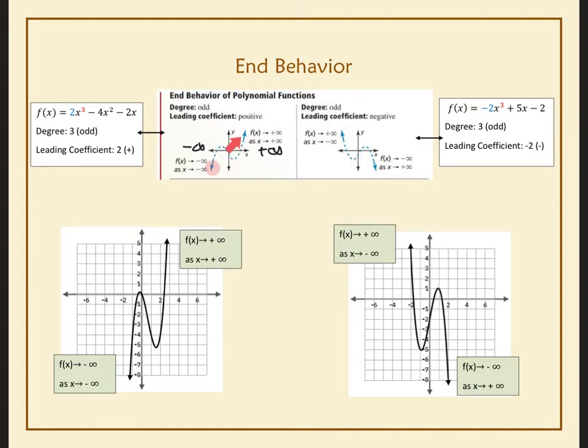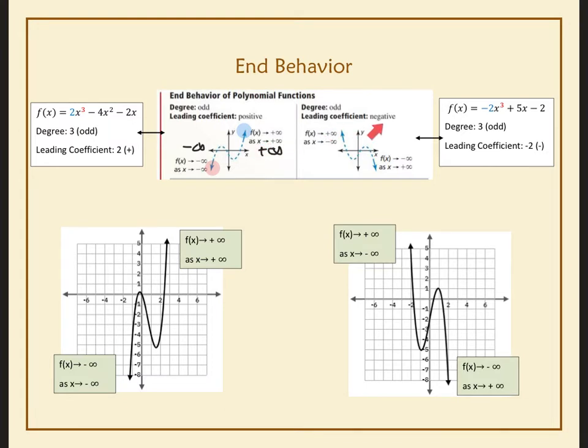So on my right-hand side, where is that arrow going? Well, my f of x is approaching positive infinity because it's going up forever, as x is also approaching positive infinity. So the x values are not going to change. On the left side, it's always negative infinity. On the right side, it's always positive infinity.